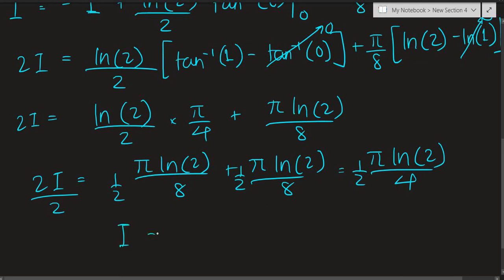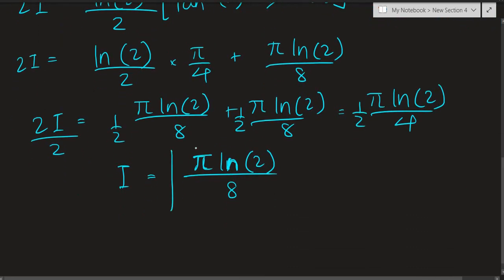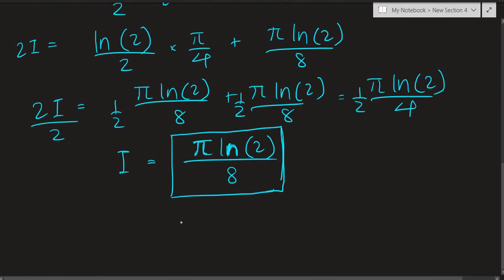So we have I is equal to pi times the natural log of 2 divided by 4 times 2, which is 8. So that's what your original problem I evaluates to. So that's the value of our Serret integral.